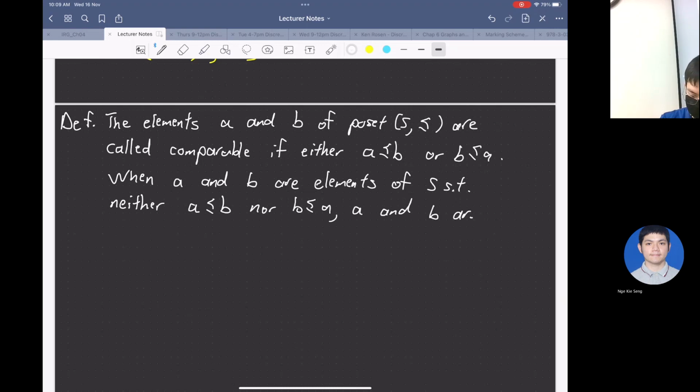If you can't compare them, that means they are incomparable. So let's see some examples.